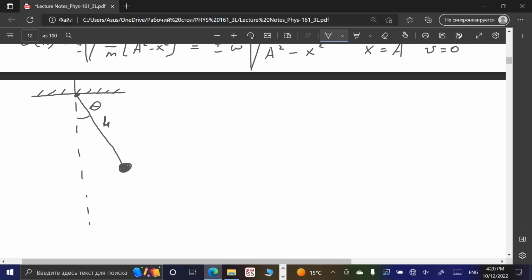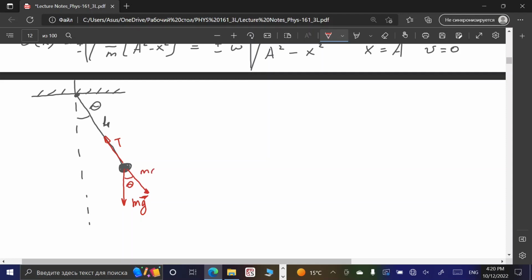And we will have some forces exerted on this body. Here will be the weight of the object. We also have some tension in the rope, which will be compensated by a component of this weight.